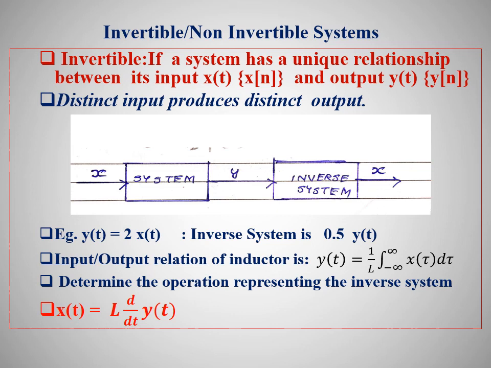On the other hand, if we have an expression defined by y of t is equal to x square of t, the inverse would be the square root of x, which could be positive and negative. Since it is not distinct, it may not result in an invertible system.